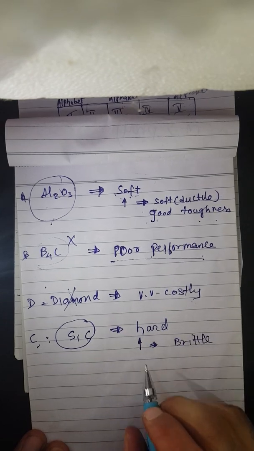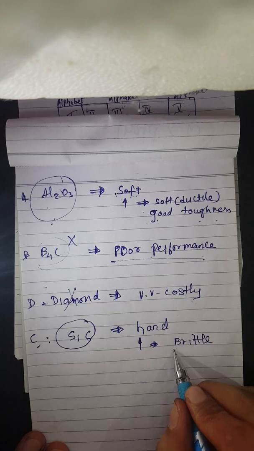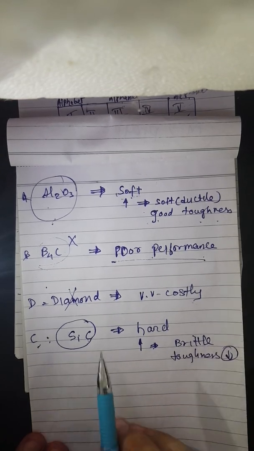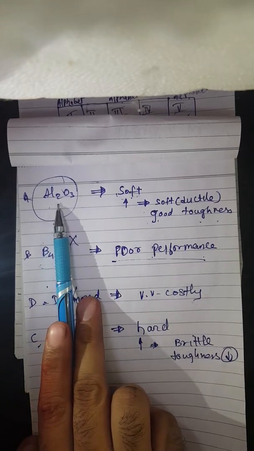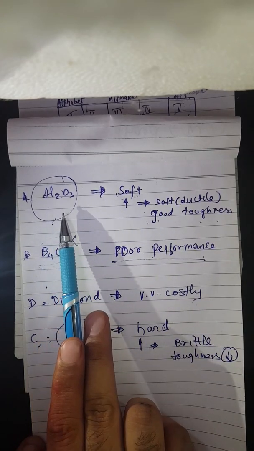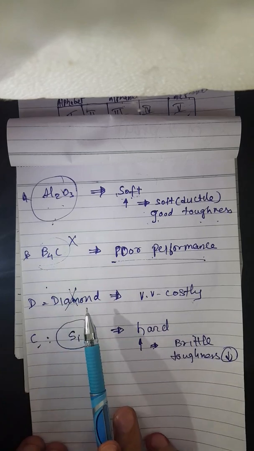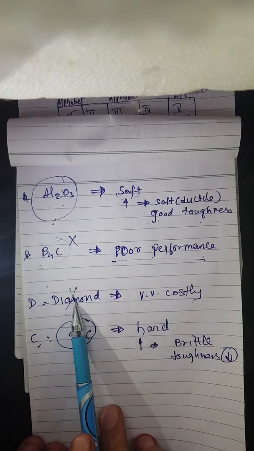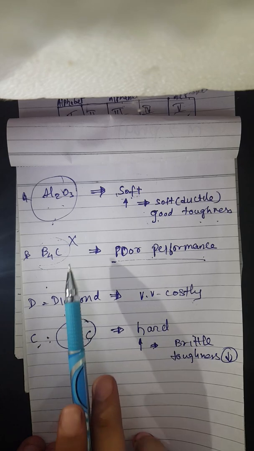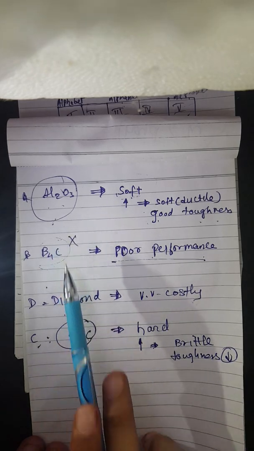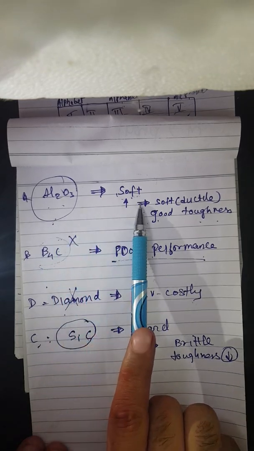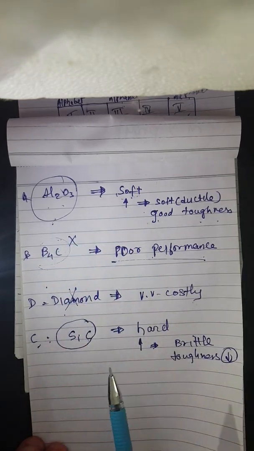All right, so obviously its toughness would be low. Fine. So when I'm comparing Al2O3, as I told you earlier as well, I'm talking about all these abrasives in a relative term. So now as I've struck out the two other materials that can be used for abrasive particles, I'm only left with Al2O3 and SiC. So comparing the two, Al2O3 is comparatively softer material than the SiC.